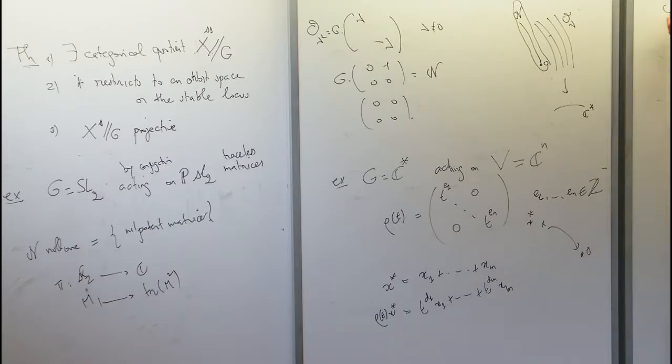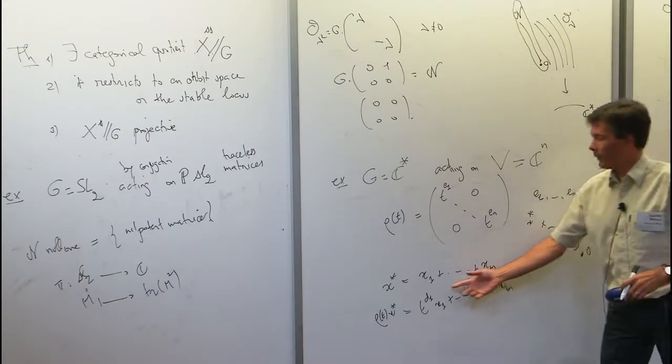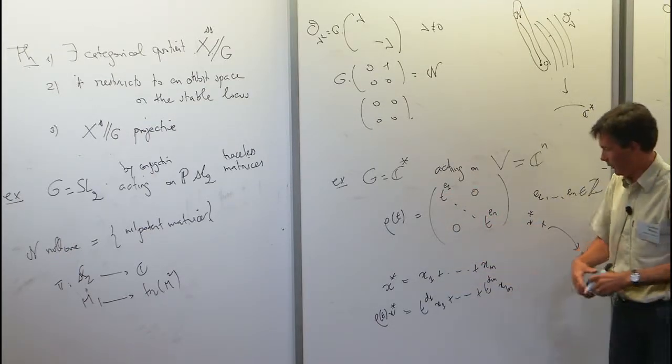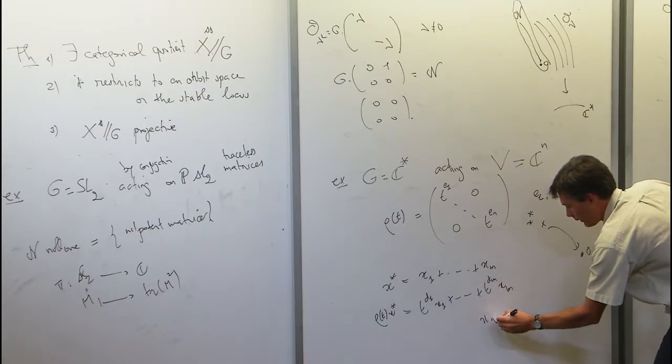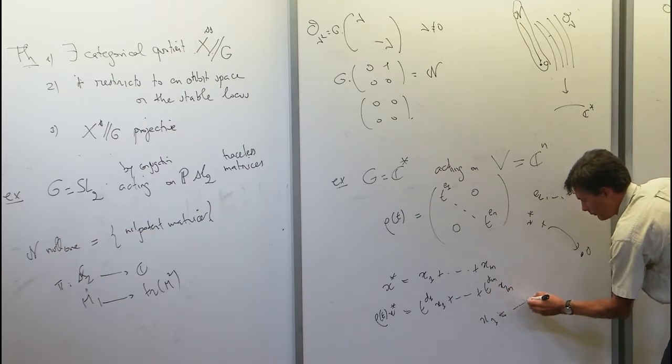So 0 is in the closure, exactly. Are the d_i equal to the e_i? No, the d_i are some of the e_i, but I kept only the x_m which are non-zero.